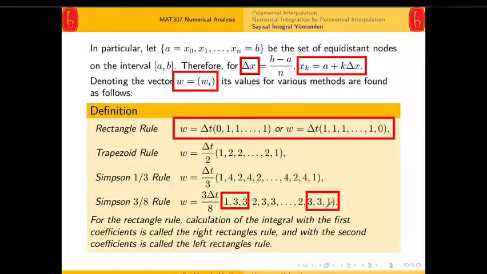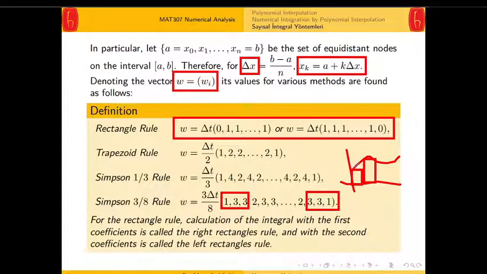So if we take an integral of some function, and say we use rectangles to approximate the integral of this function, say these are the rectangles we use, then depending on which points we use for the function values, we name the rectangle rule accordingly.